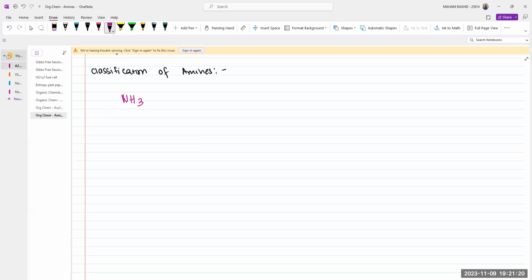So if I replace one hydrogen with a methyl group, with an R group, then I have two hydrogens left, right? So this is going to be my primary amine.